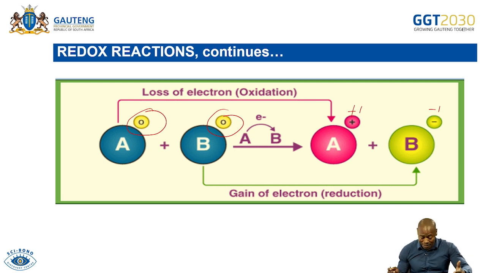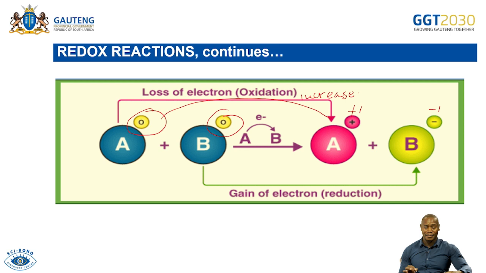So let's look at A. Is the oxidation number increasing or decreasing when it comes to A? So it's from 0 to 1. So there's an increase. You can see there's an increase in oxidation number from 0 to 1. So there's an increase here for A. Okay?